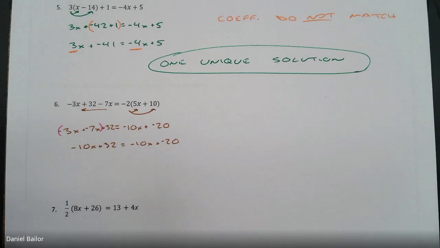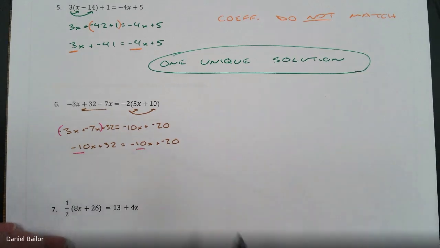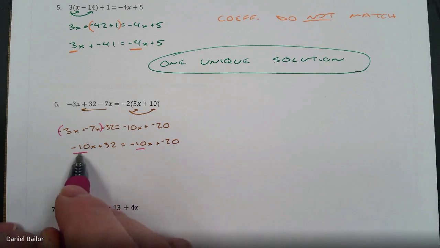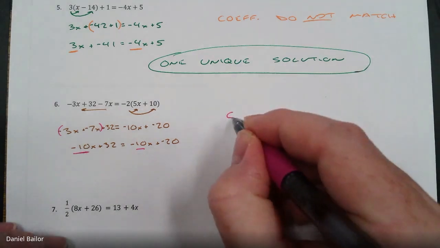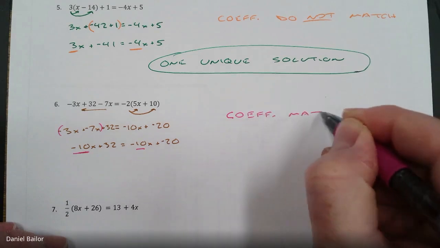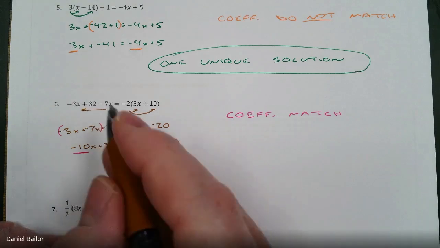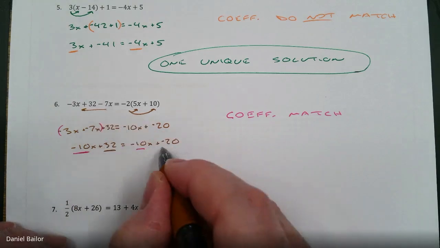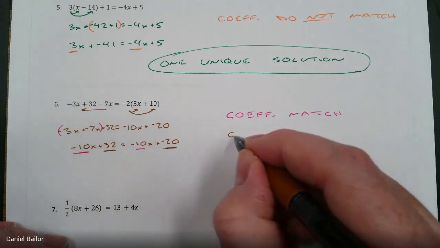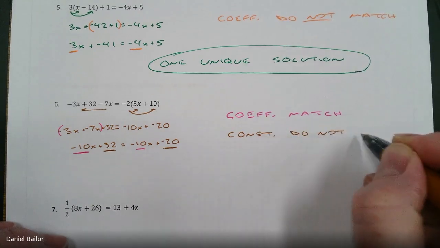So let's start by looking at the coefficients. This coefficient is negative 10, this coefficient is negative 10. So the coefficients match. What about the constants? Well, that's 32 and that's negative 20. So the constants do not match.